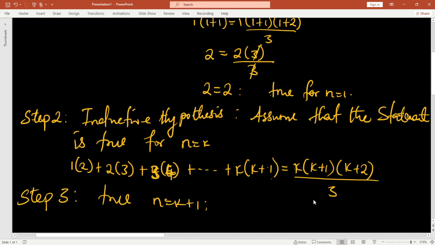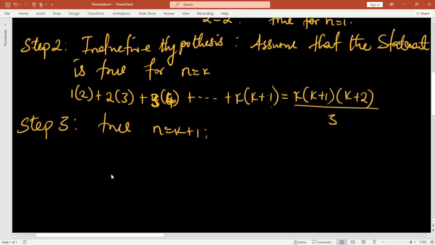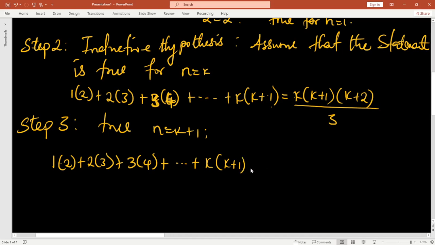So meaning that here we're going to say 1 plus 2 plus 3 plus up until we have the k plus 1 term. Then now we add the k plus 1 term there. So where there's n we substitute with k plus 1.